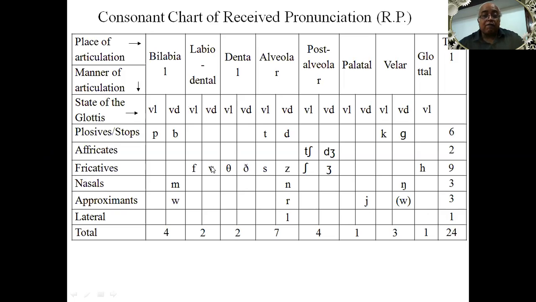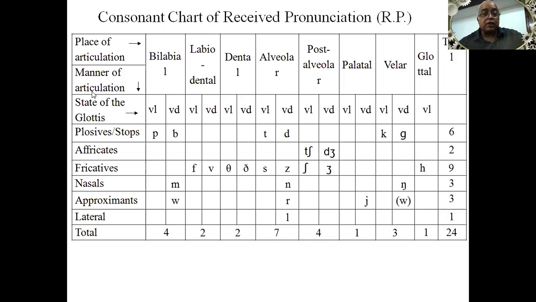Similarly, we have this v. V is a voiced sound. When the air passes through the glottis, the vocal cords are held loosely together and the air passes through, there's a lot of vibration. So it makes it a voiced sound.